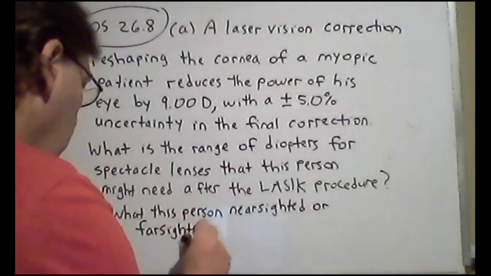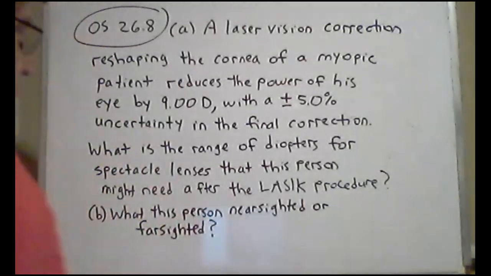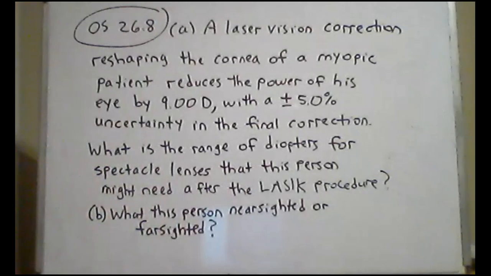If the LASIK procedure needed to reduce the power of his eye, that means his eye was too powerful. The eye was forming an image with the rays crossing in front of the retina, which means he was nearsighted. Rays cross in front of the retina because the eye is too powerful. That's nearsightedness. If the eye is too weak, rays will cross behind the retina, and that person would be farsighted.